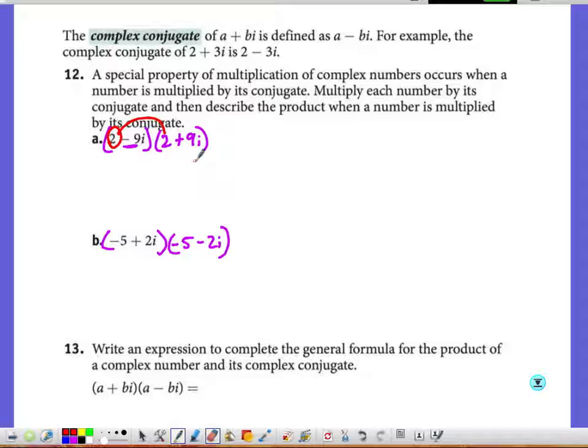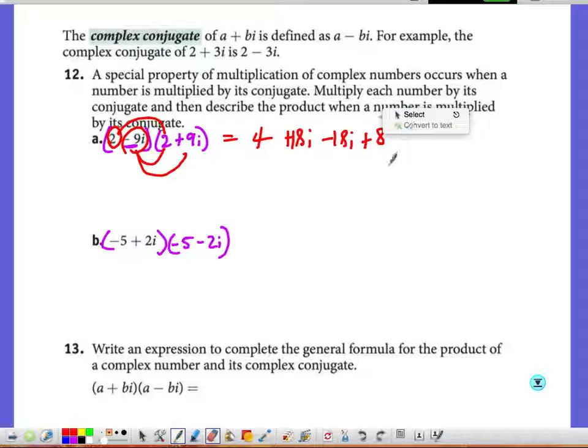So 2 times 2, that's going to be 4. 2 times 9i, that's going to be 18i. Negative 9i, we're going to distribute that times 2, that's negative 18i. And then negative 9i times 9i, that's going to be negative 81i squared.